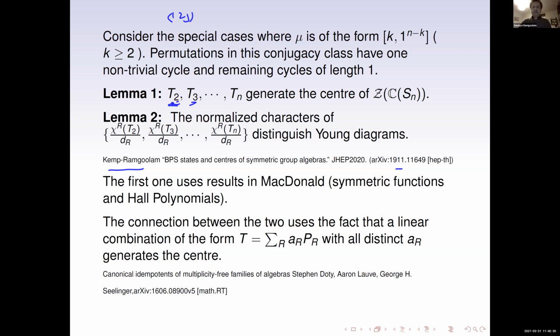So you get these central elements. If you take T2, T3 up to Tn, these generate the center, in the sense that linear combinations of products built out of these produce the whole center, which has dimension P of n.